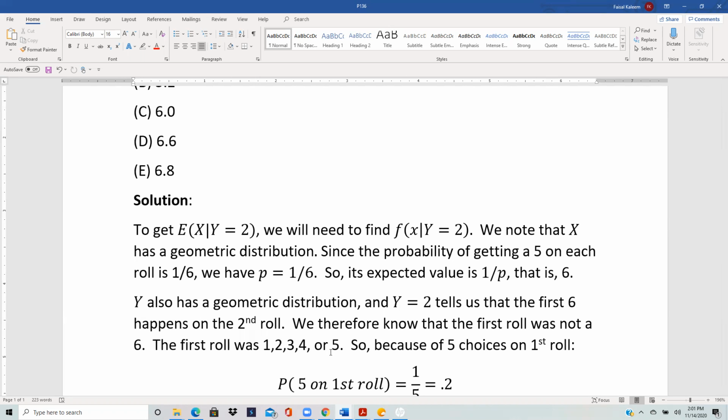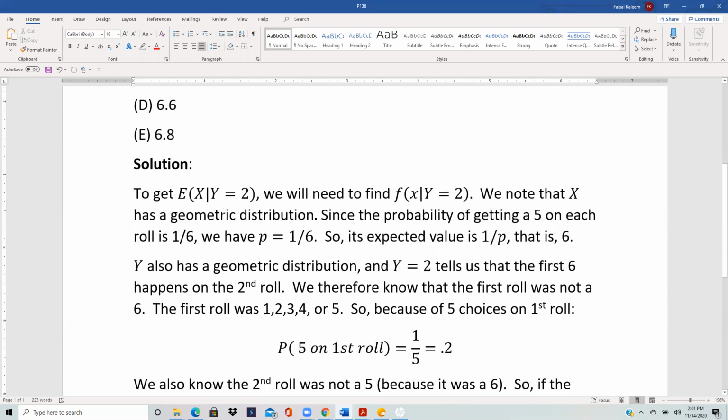As far as X is concerned, we are looking for the probability of getting a first 5. The probability of getting a 5 on the first roll is 1/5 because the first roll is one of these 5 numbers. So maybe we can say the probability of a 5 on the first roll given Y equals 2.